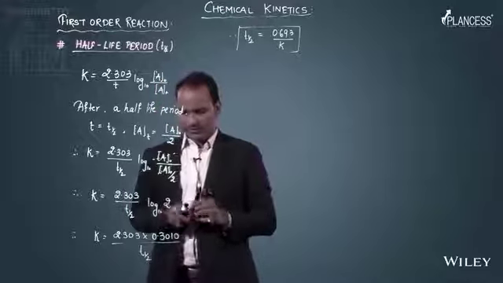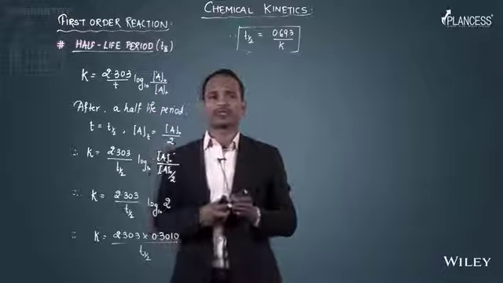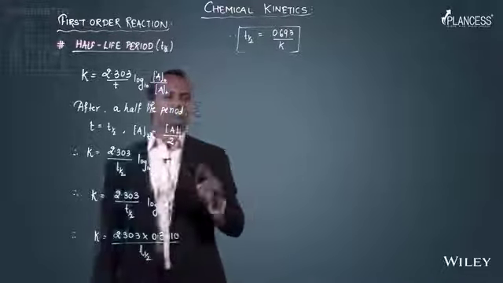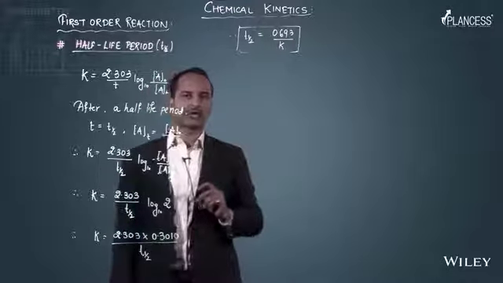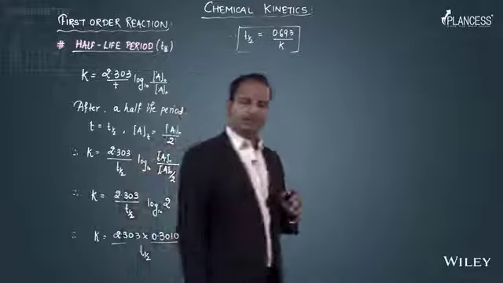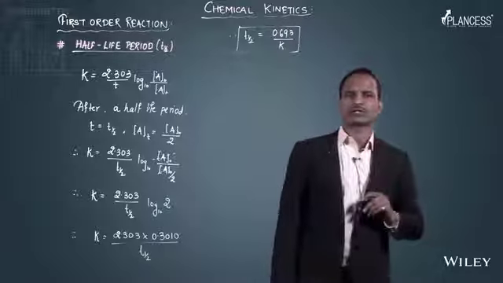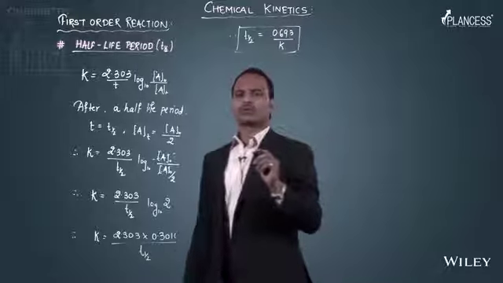From this formula, one important thing I can say is that there is no initial concentration in the formula, that is, the formula does not involve A naught. In zero order reaction, the half-life formula was having A naught. But here there is no A naught.